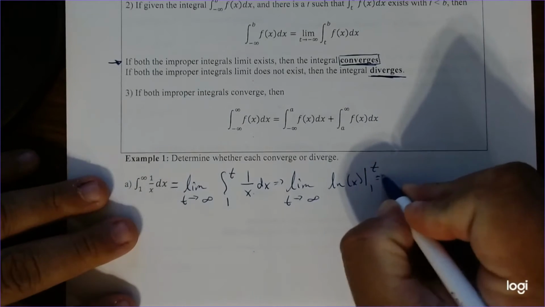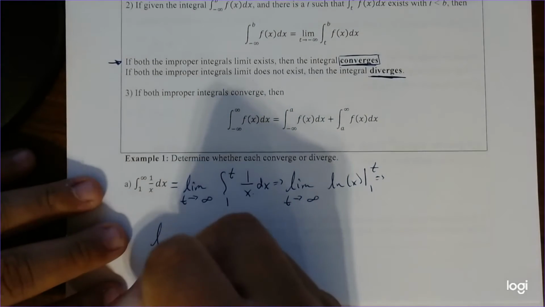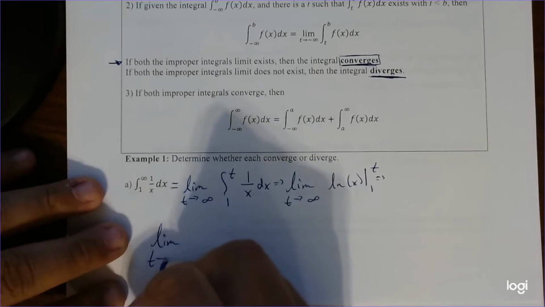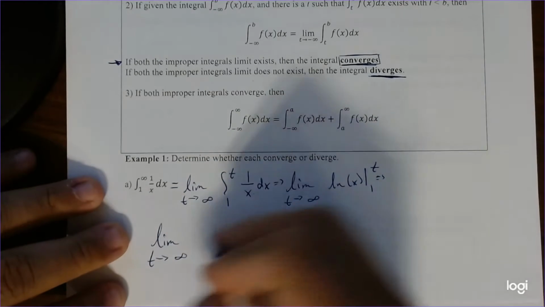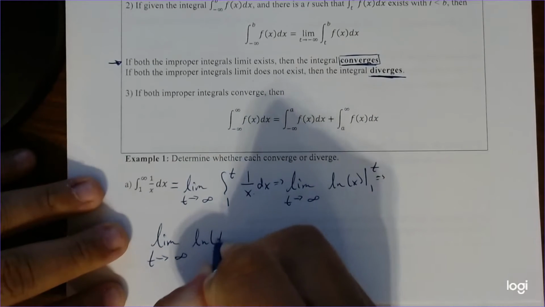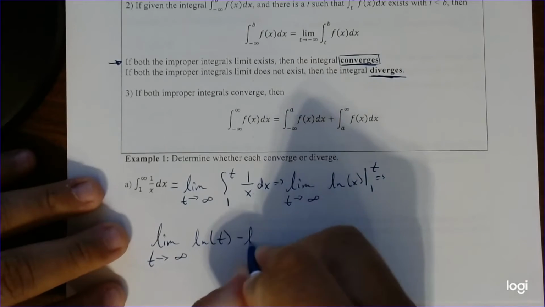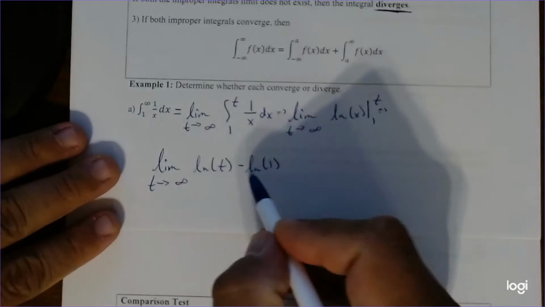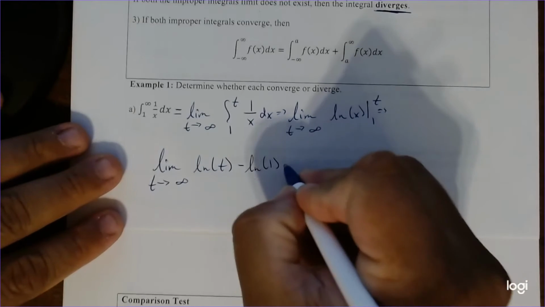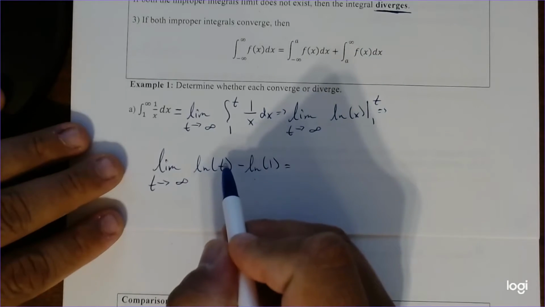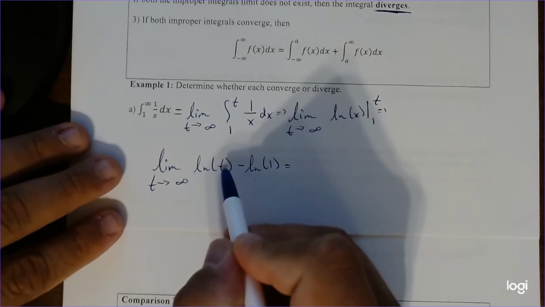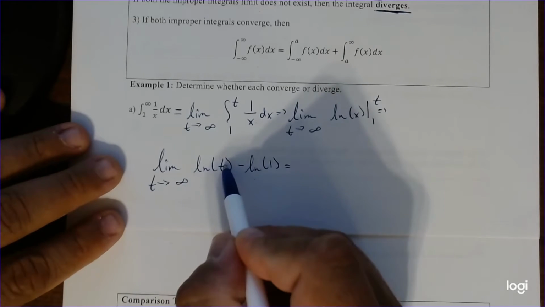So plug in t into here, plug in 1 into there, and we just evaluate that. We know ln 1 is 0, so that doesn't do anything. And notice as t gets bigger and bigger, like 5,000, 10,000, 20,000, this keeps growing.